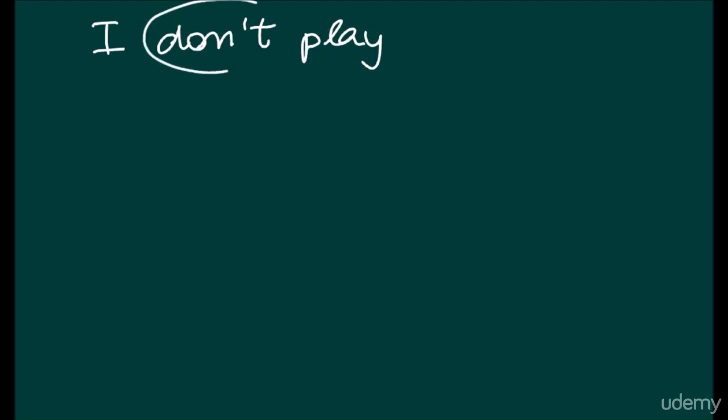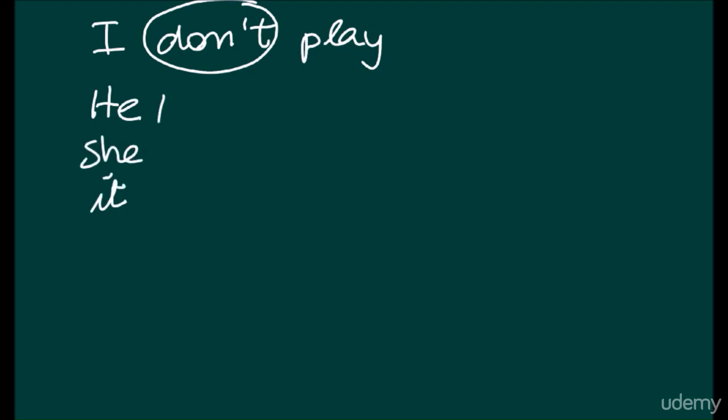Let's see the negative sentences. To create a negative sentence, we need a word called the auxiliary. Look at the examples. I don't play. We add don't before the verb. You don't play.